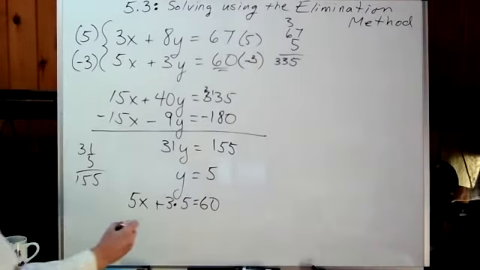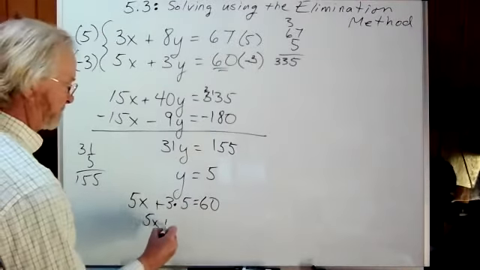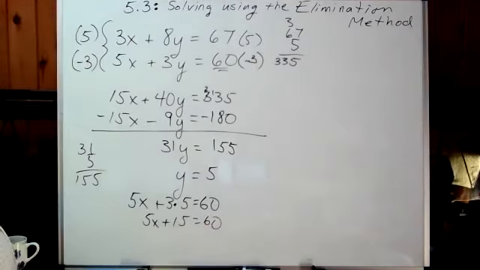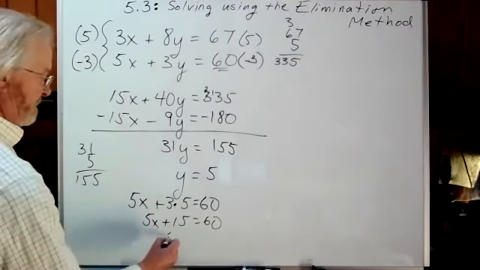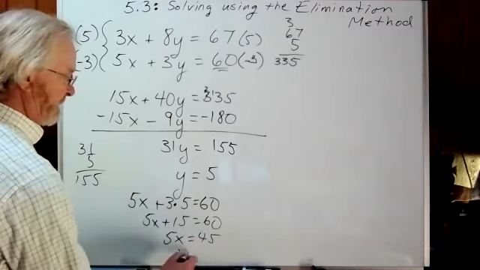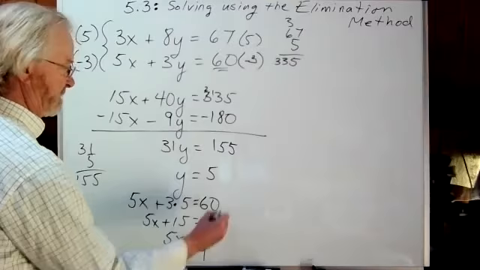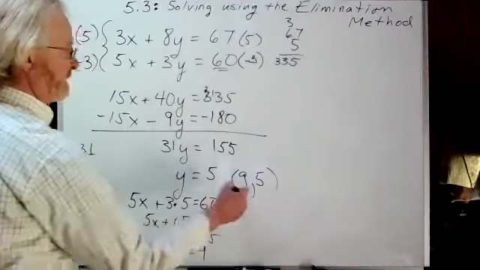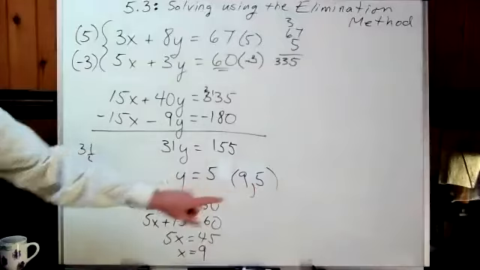All right, 5x plus 15. If I subtract that 15, what do I get? 45. Ouch. X is a 9, huh? Divide by 5. So 9 and 5. Make sure you get your x and y's in the right order there.